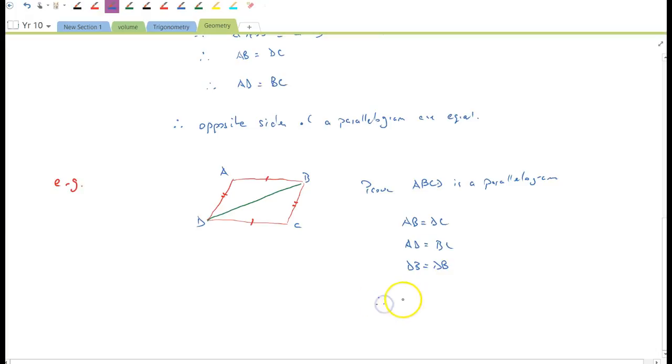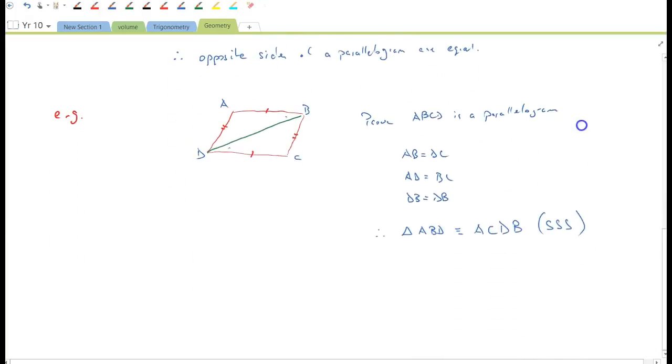So we can say that triangle ABD is congruent to triangle CDB, with A corresponding to C. My B angle, ABD, is opposite this side here, which is corresponding to that angle there. So that's D. So CDB, and it's the side, side, side test that proves that.